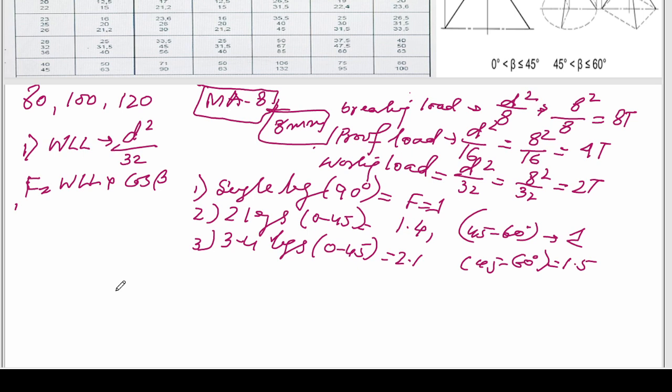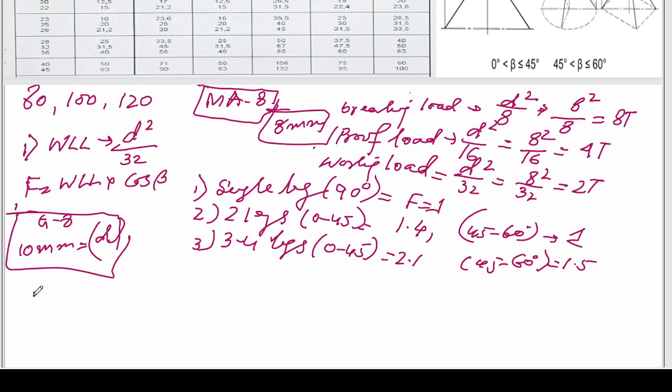Now we will see grade 8, 10 mm diameter rope. Take this rope. How do we calculate the working capacity? We will take one leg as well as 2 legs.